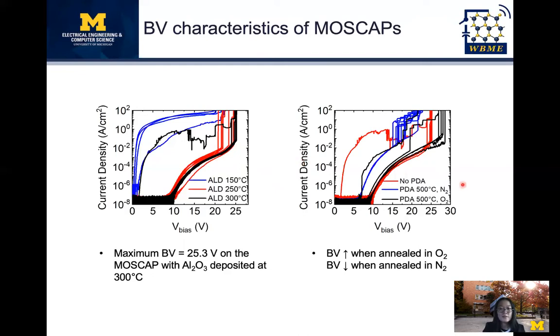And the figure on the right shows that compared to the sample without PDA, which is the red curve, the breakdown voltage increases when annealed in nitrogen but decreases when annealed in oxygen. It can be explained by the oxygen vacancies in the aluminum oxide film. So annealing in oxygen reduces the oxygen vacancies in the dielectric film.